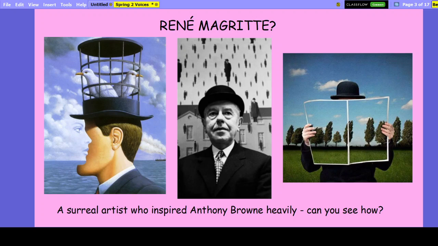What I can see that's a similarity is that, for one, René Magritte also has a running theme. Not in every single one of his images, or paintings rather, but he has a running theme with a man with a bowler hat or some form of hat. And Anthony Browne also has a theme running throughout his stories, either with hidden bananas or using gorillas and chimpanzees.